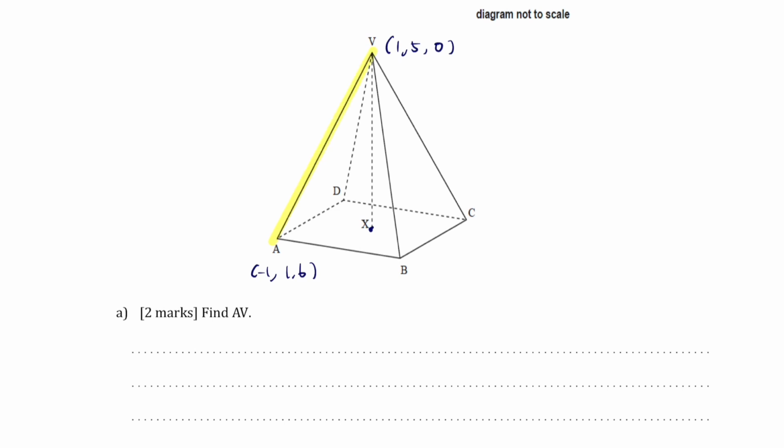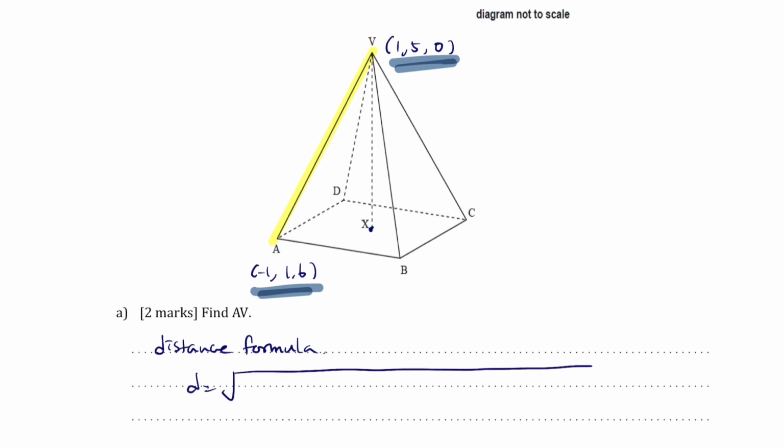So using the distance formula, since we know the coordinates of this point A and point V, we can simply use the distance formula to calculate the length between point A and point V, okay? So the distance formula from your formula booklet is as follows.